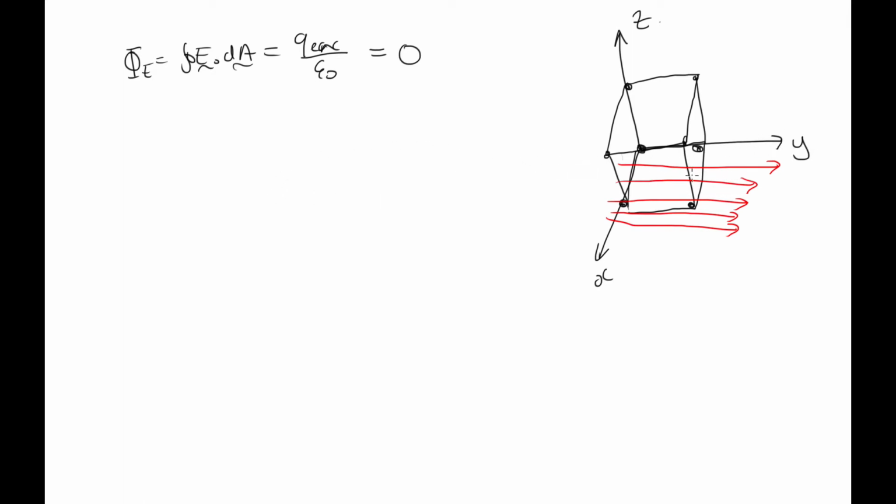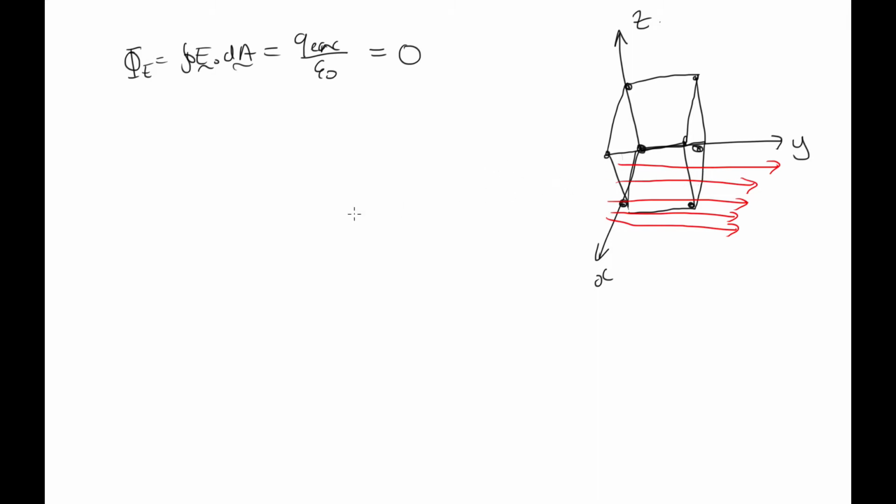Now in the next part of the question, we're asked to find the electric flux through each of the sides of the cube. So it doesn't necessarily follow that because the electric flux through the entire cube is 0, the electric flux through each of the sides is 0.